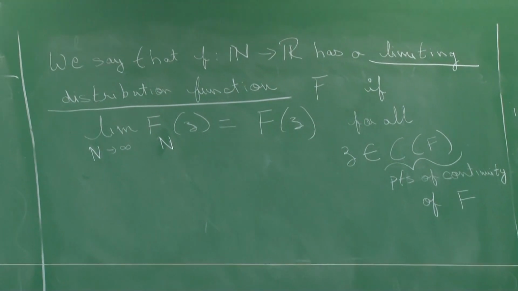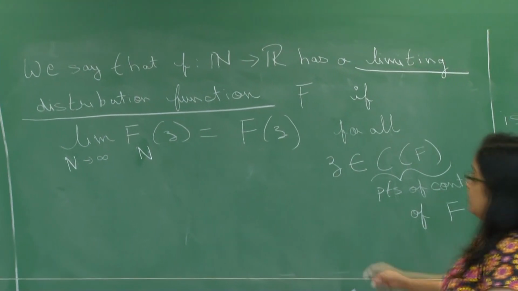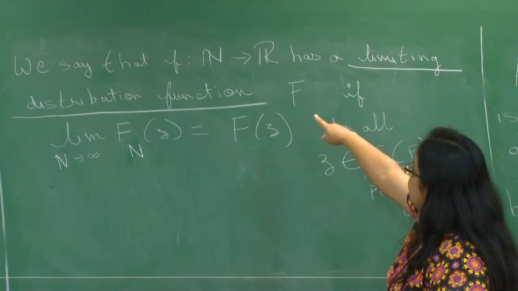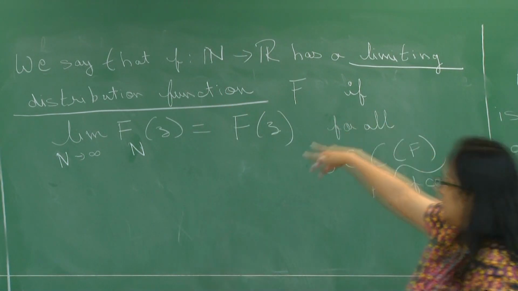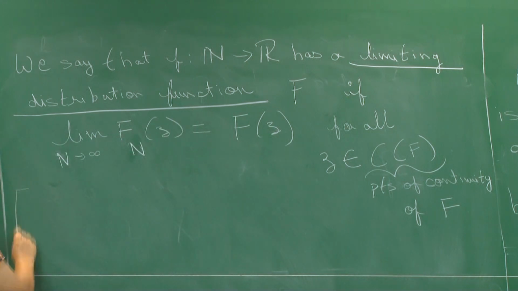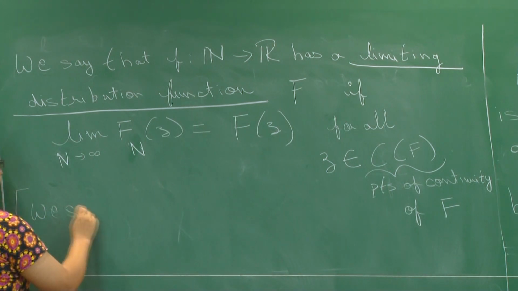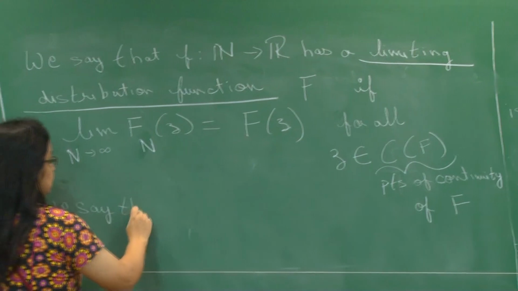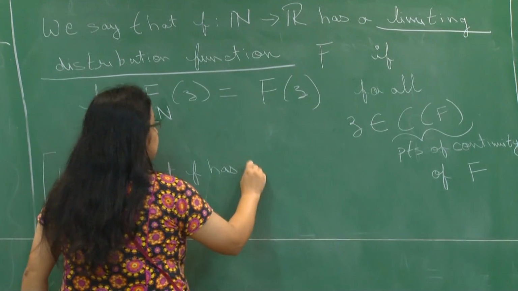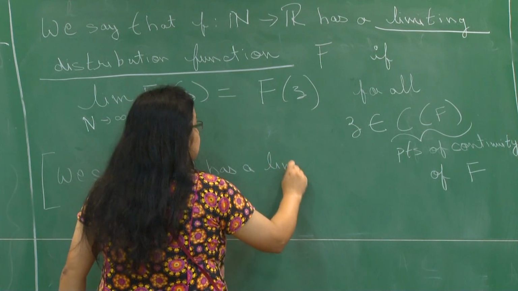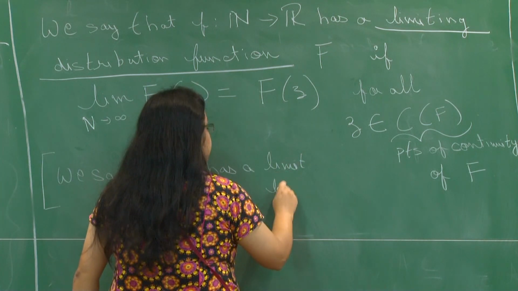So, we have this notion of a limiting distribution function, and another way to say this is that your little f has a limit law. If such a function exists, we say that f has a limit law.